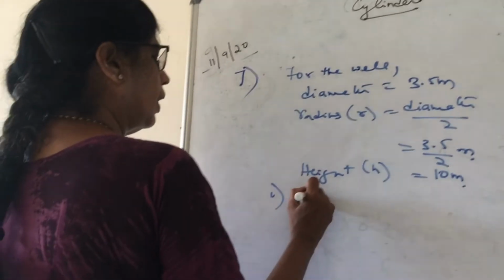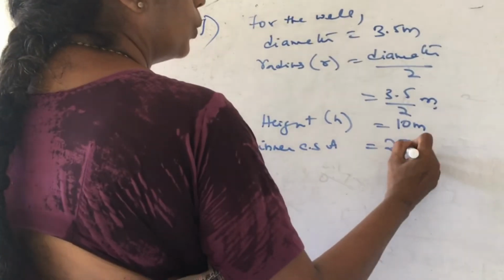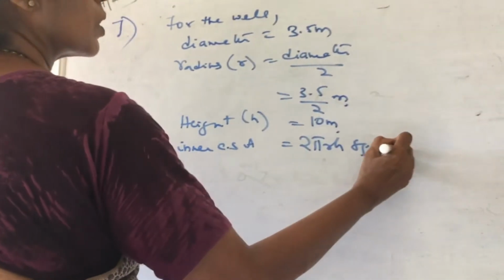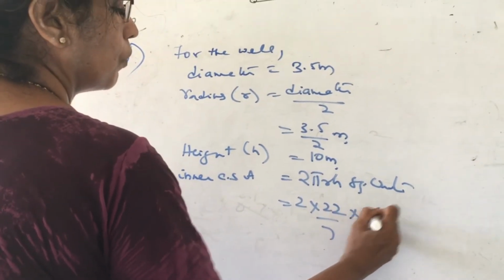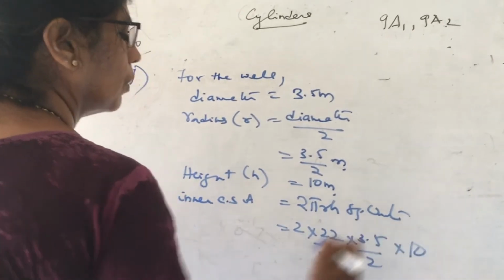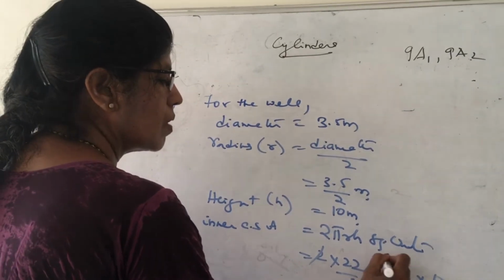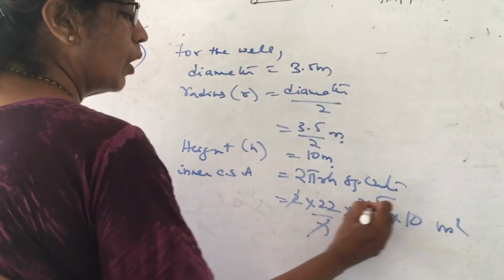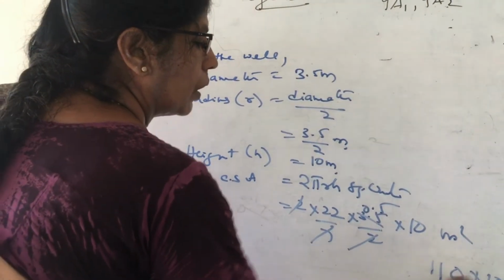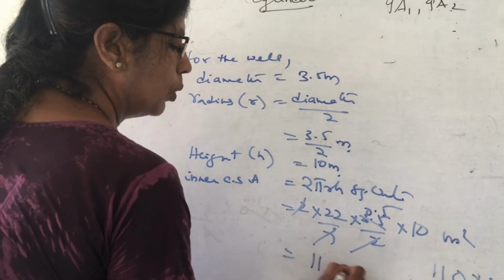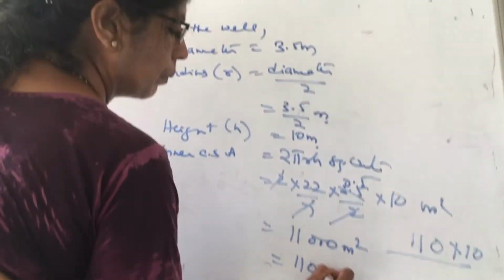First, inner CSA of the well is equal to 2 pi RH square units. 2 into 22 by 7 into 3.5 by 2 into H, that is 10 meters square. 2 and 2 will get cancelled. 7 goes 0.5 times. 22 into 5, 110 into 10, that is equal to 110 meters square.